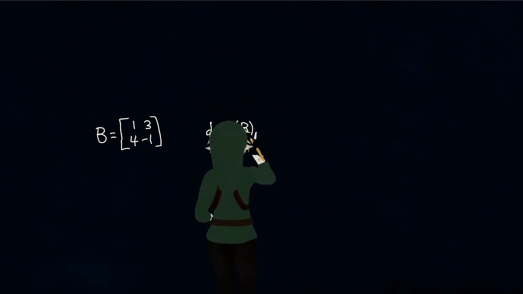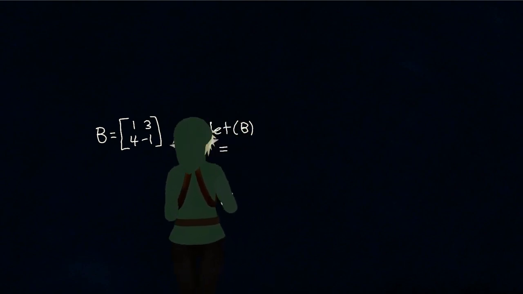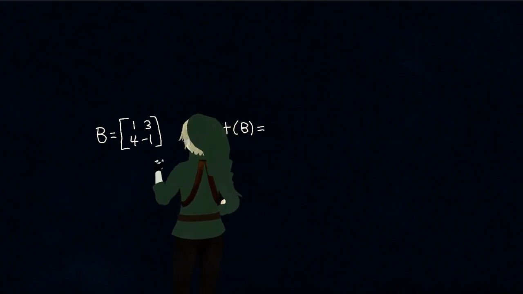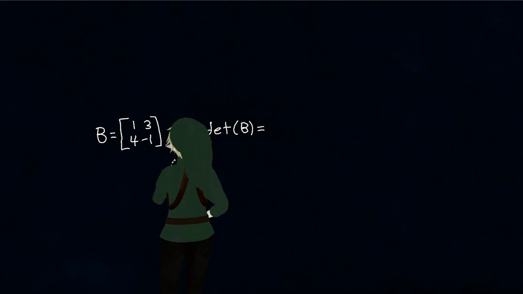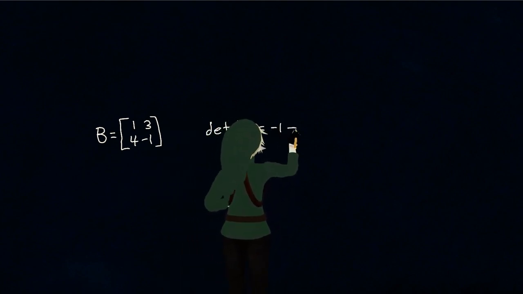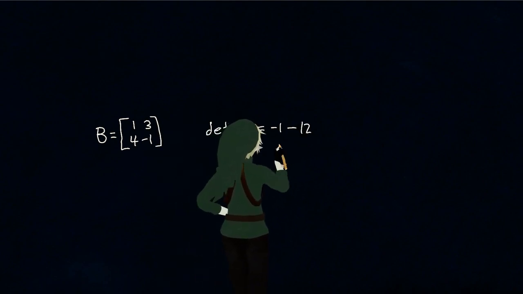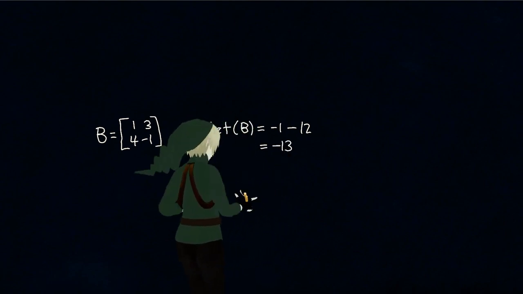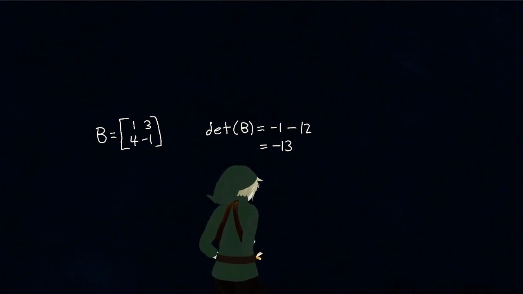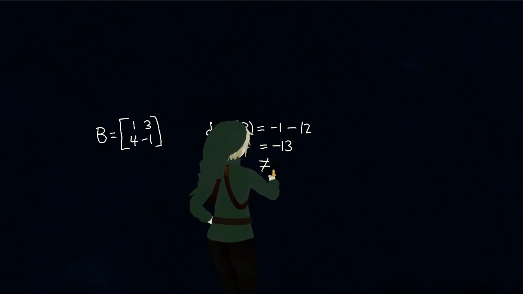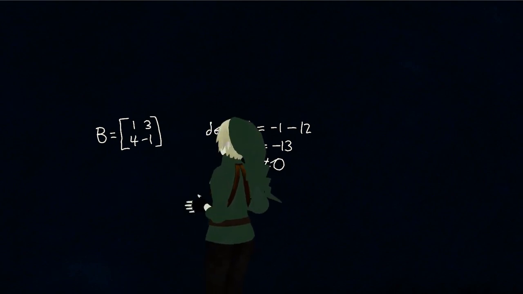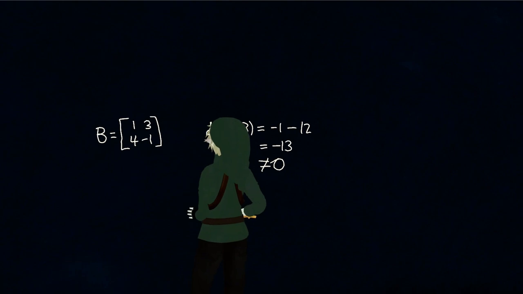So I'll write it horizontally. The determinant of B, we have AD, which is 1 times negative 1, that's negative 1, minus 4 times 3, that's 12. So the determinant of B is equal to negative 13. Awesome! It's not equal to 0. So because this is not 0, it is invertible. Congrats. This matrix has an inverse.